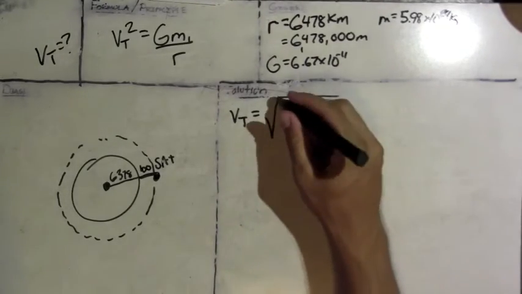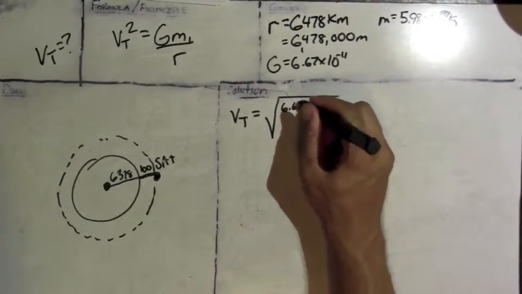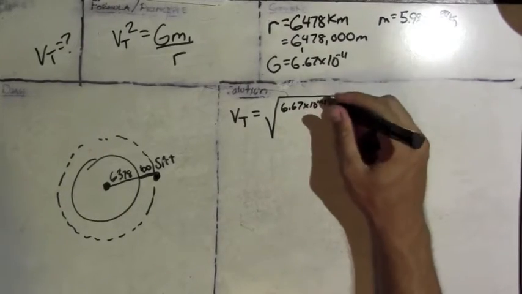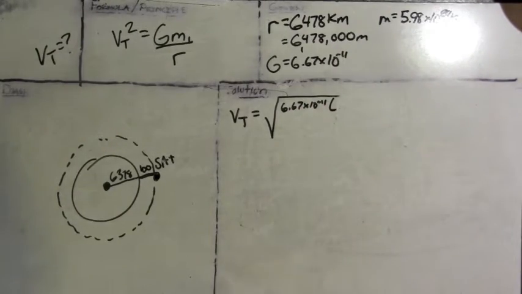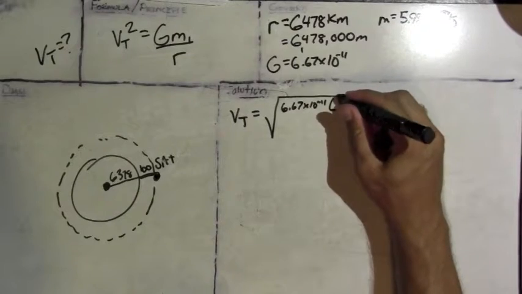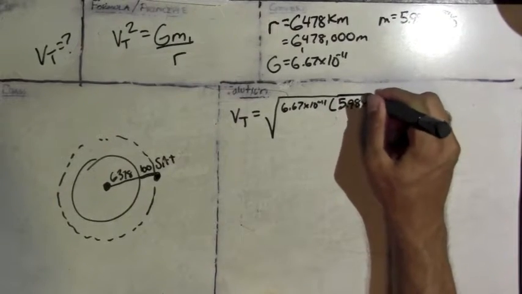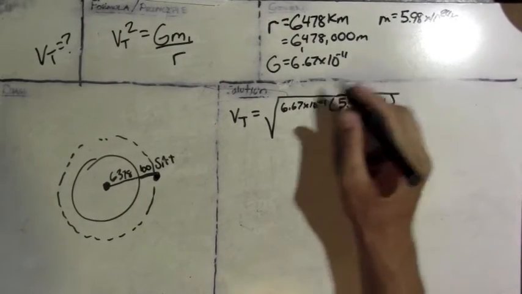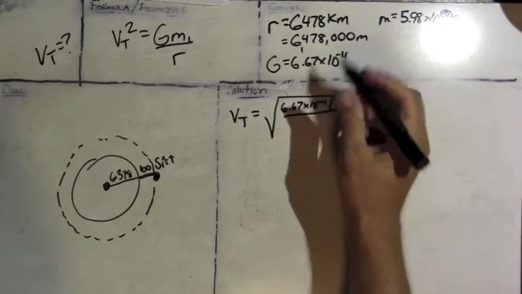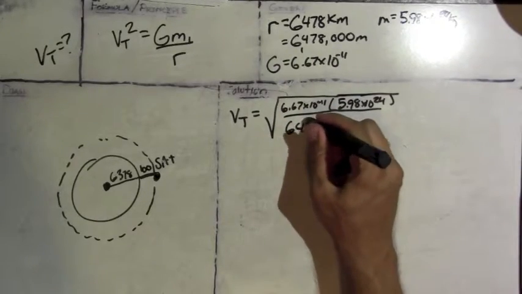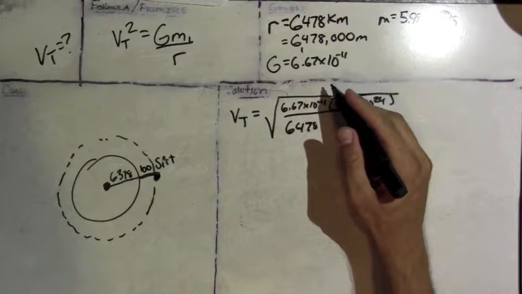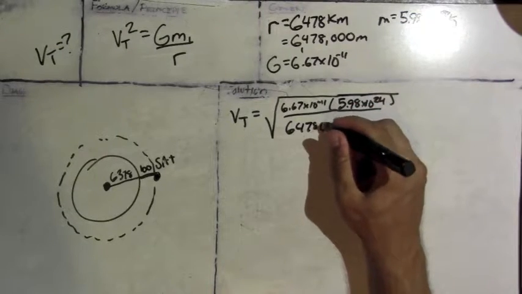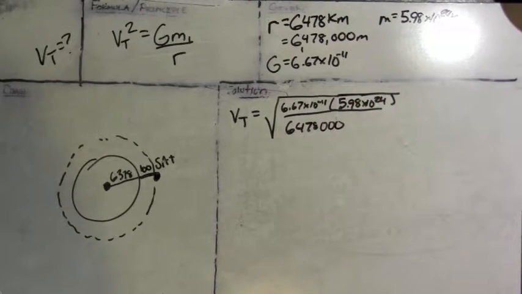So now we can just plug in. We say 6.67 times 10 to the minus 11th times 5.98 times 10 to the 24th, and all of that is divided by our radius value, which is 6,478,000 meters.